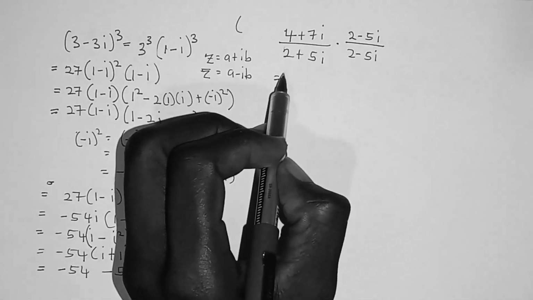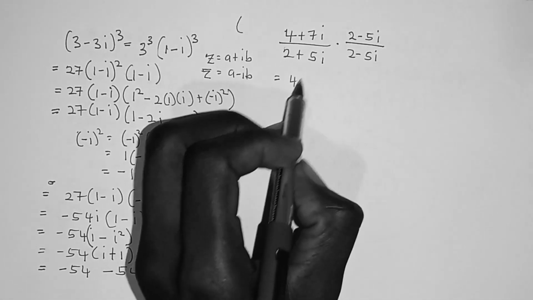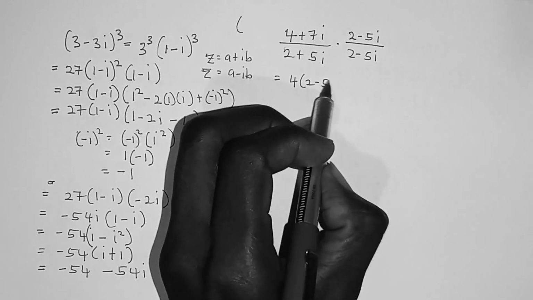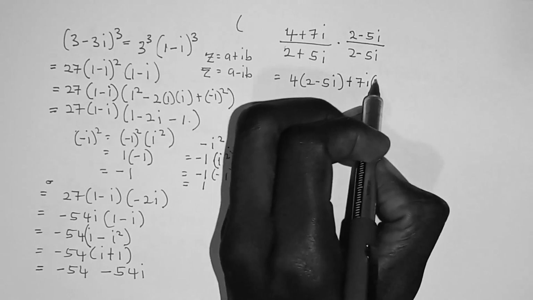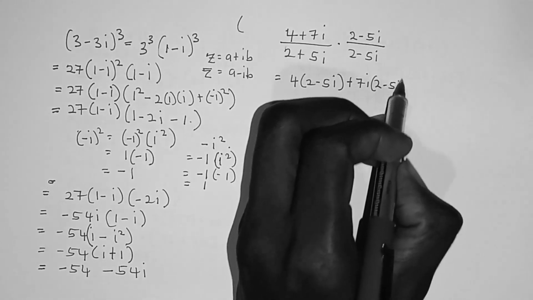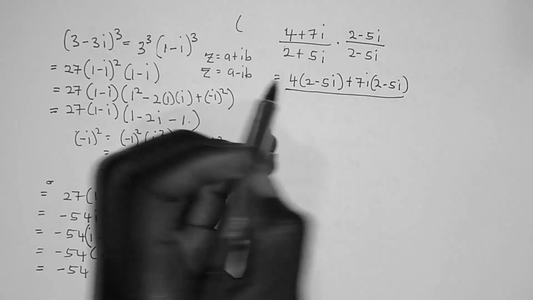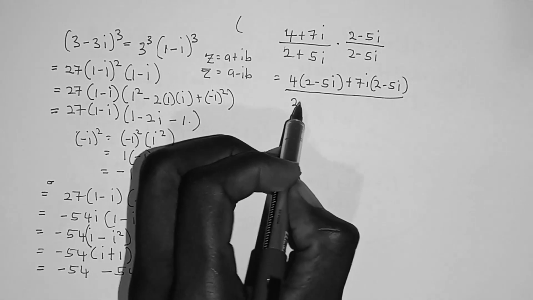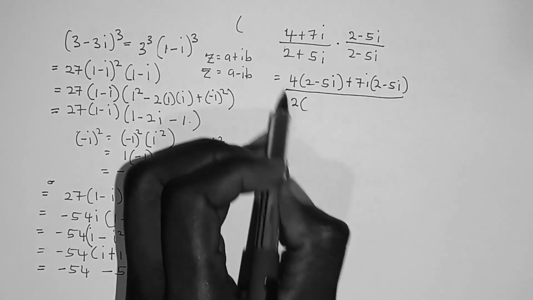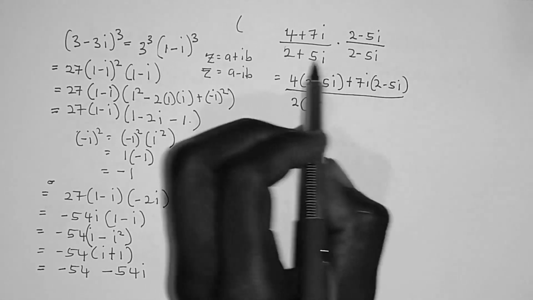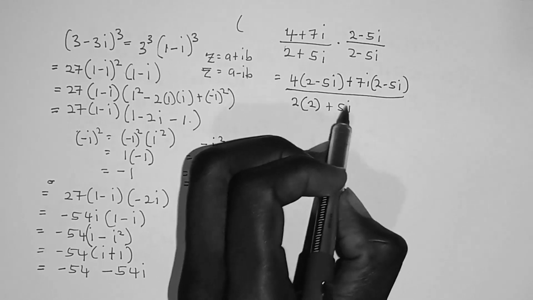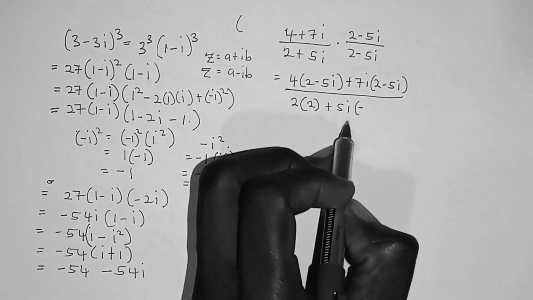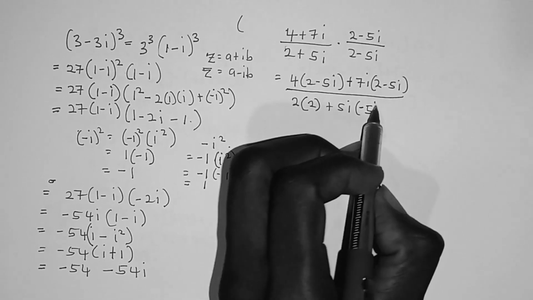This is equal to 4 times 2 minus 5i plus 7i times 2 minus 5i divided by 2 times, you can see that this is difference of 2 squares. So this becomes 2 times 2 plus 5i times minus 5i.